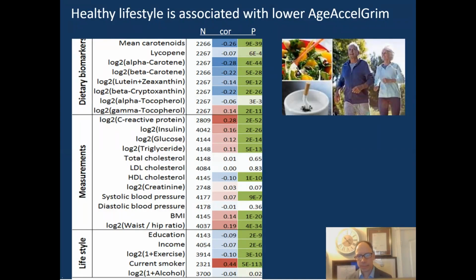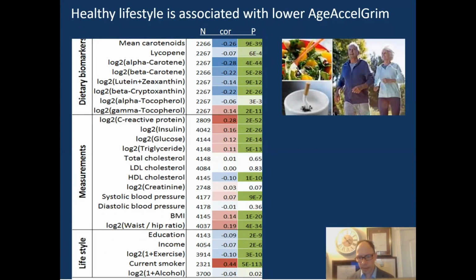And what we see is that, yes, postmenopausal women who eat vegetables age more slowly according to GrimAge. The green column shows you the p-value, so there's no question that these are very significant associations. At the same time, these associations are based on at least 2,200 women, so these are large sample sizes.